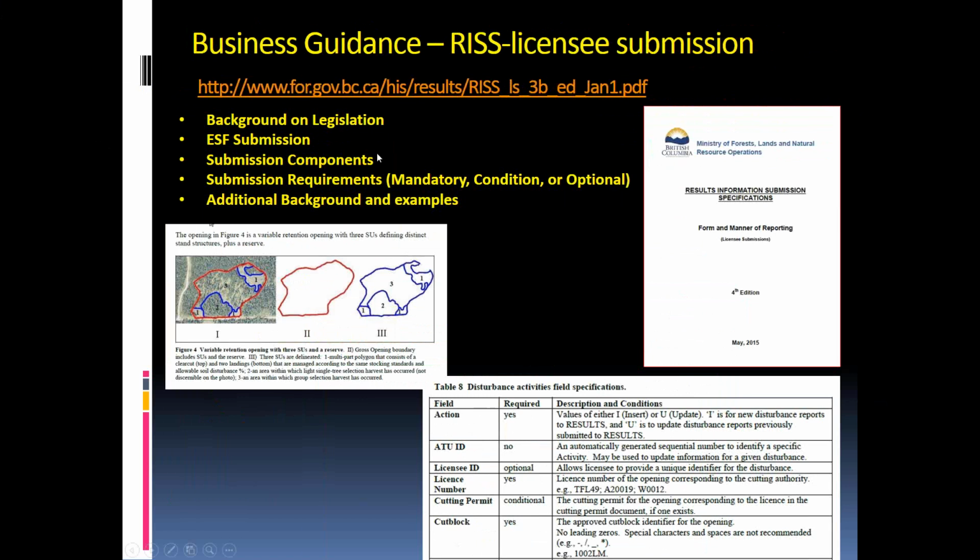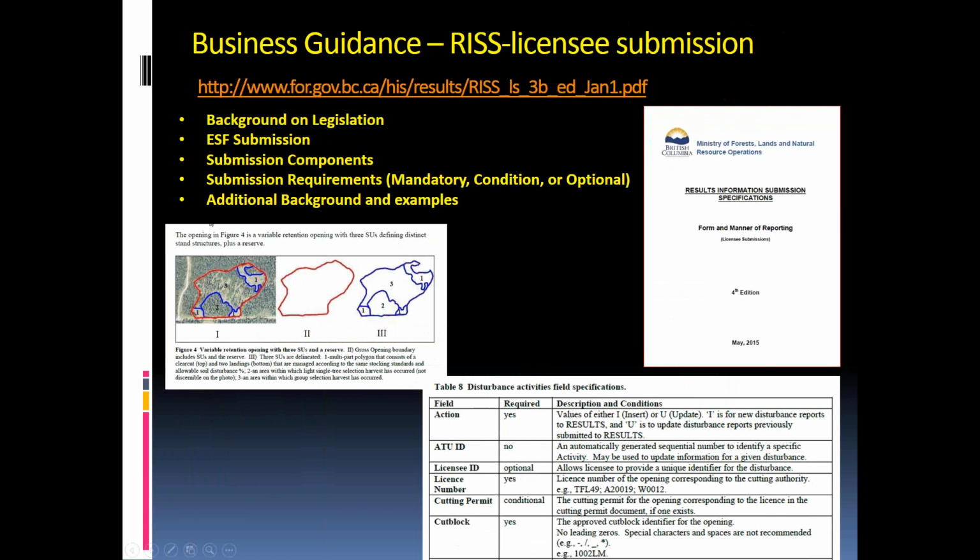In the old world order, they talk about Form A, Bs, and Cs, and it's basically things like the silviculture prescription or site plan. It talks about how you need to structure the different components, which are the standard unit information, tenure information, disturbance reporting, activity reporting, and forest cover reporting, and they're broken up in different components.